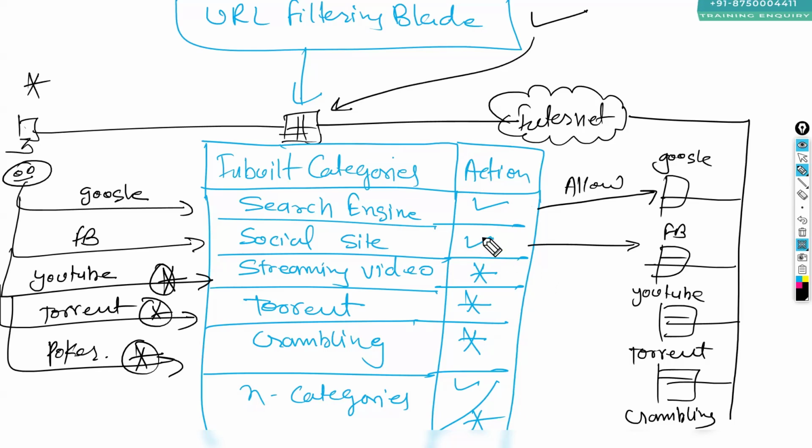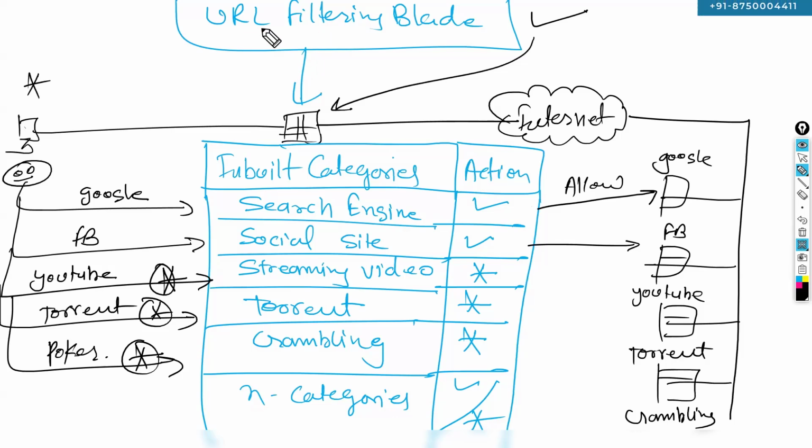Now the question is, can we create our own category? Normally, when we talk about Checkpoint, it has inbuilt categories. Does Checkpoint give the admin an opportunity to create their own category? Yes, you can also create your own category on Checkpoint Firewall, and for that category, the action is up to you. You want to allow or deny.